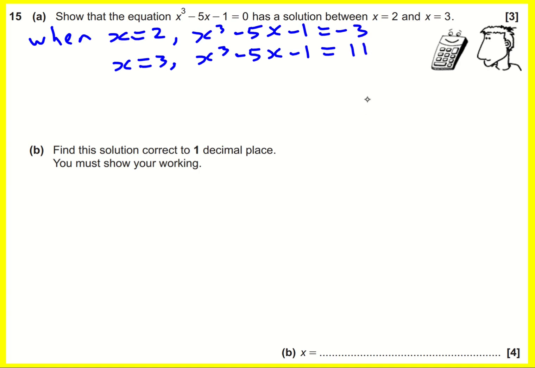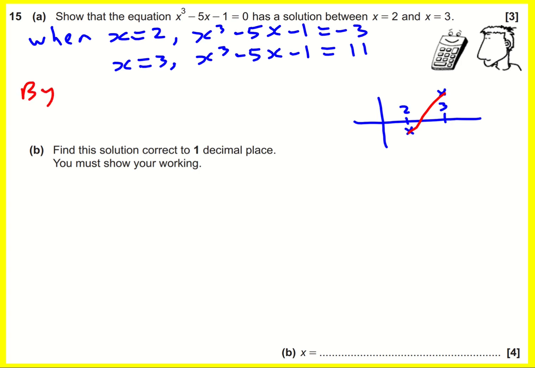And we've basically found the value of the function at 2 and shown it's negative, and then at 3 we've shown it's positive. And basically that means there must be a solution between 2 and 3 because at some point it's got to cross over.